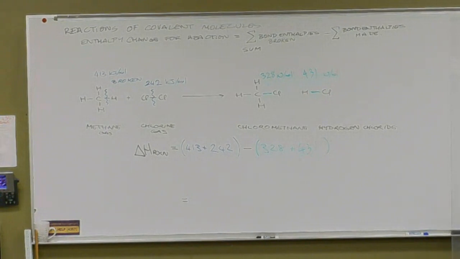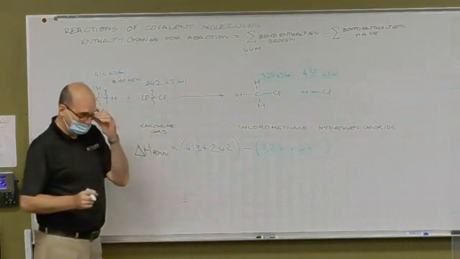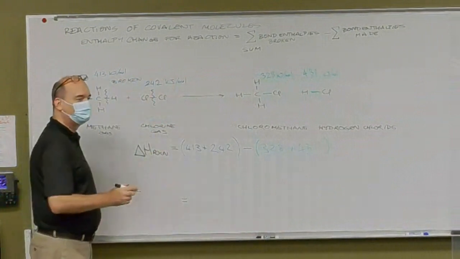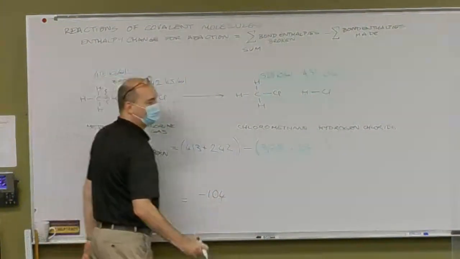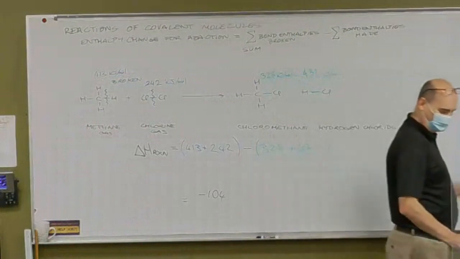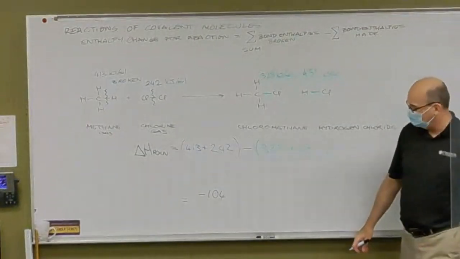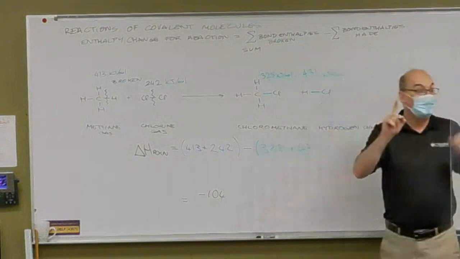All right, what's our number now? Still not right. The book says negative 107. So that doesn't work, right? Oh, no. Negative 104. There you go. Ah, okay.